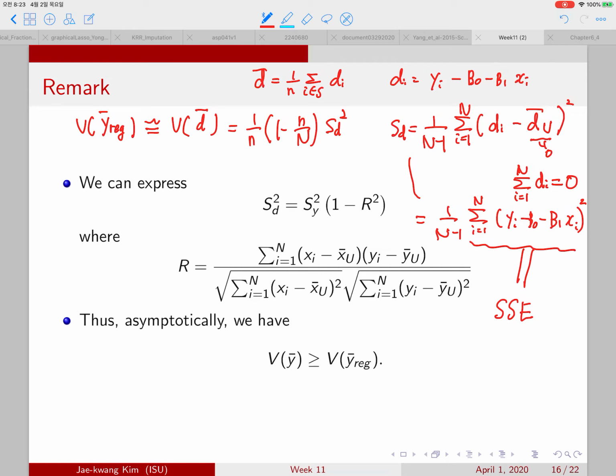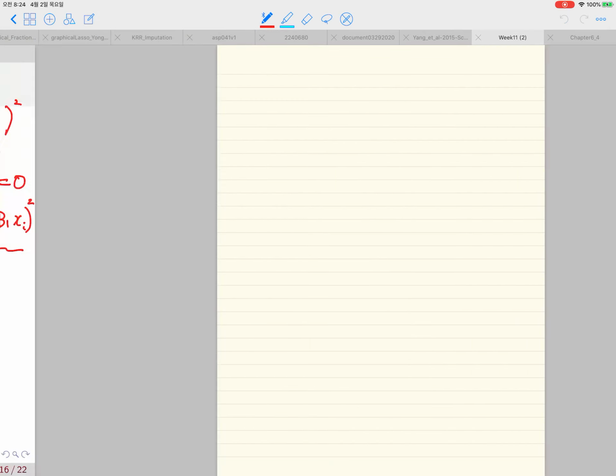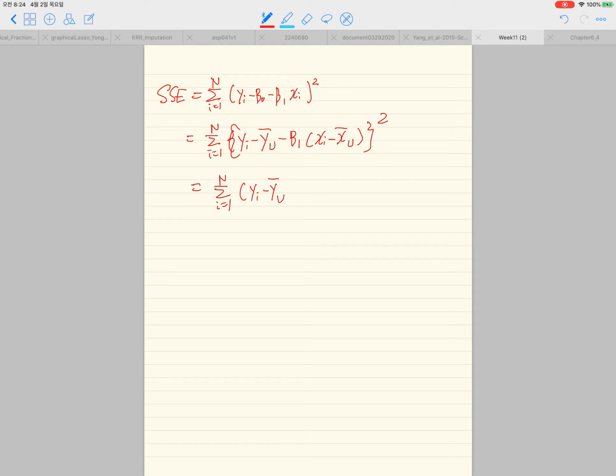So let's take a look at this more carefully. So this SSE, y_i minus b0 minus b1 x_i square, that is to be 1 plus b1 square.